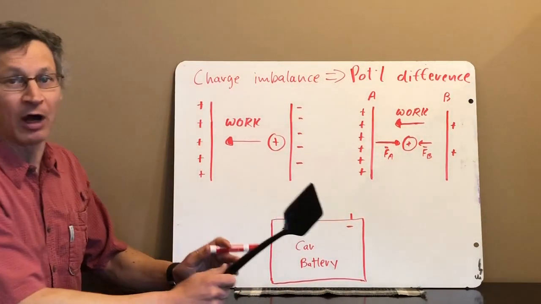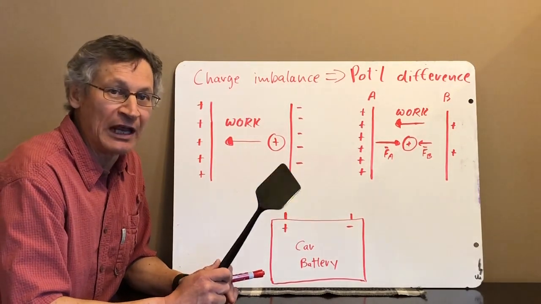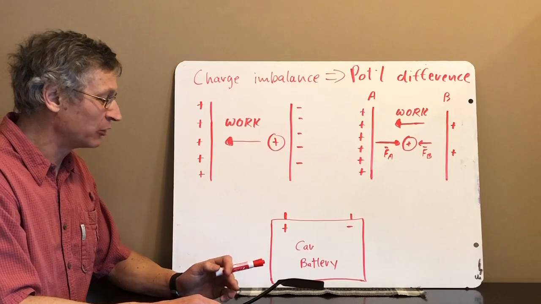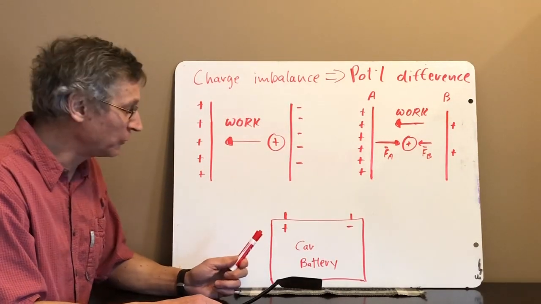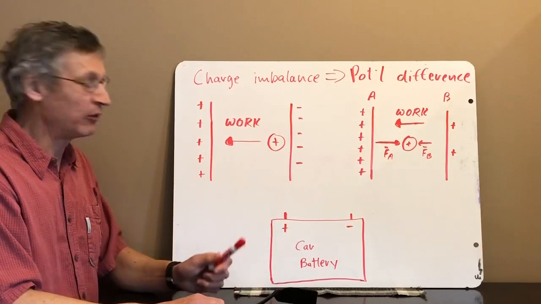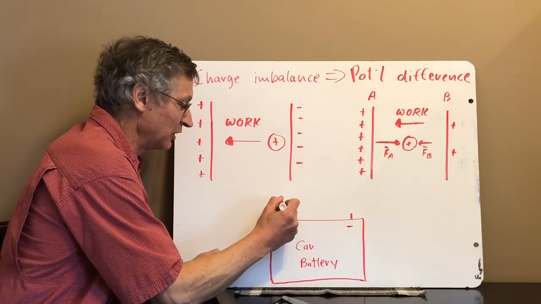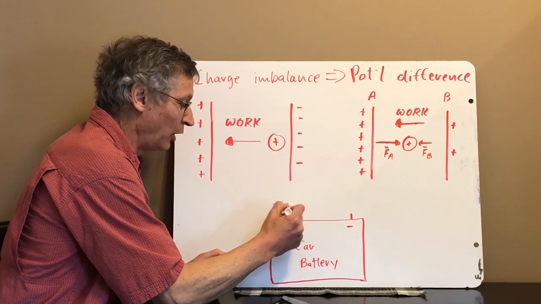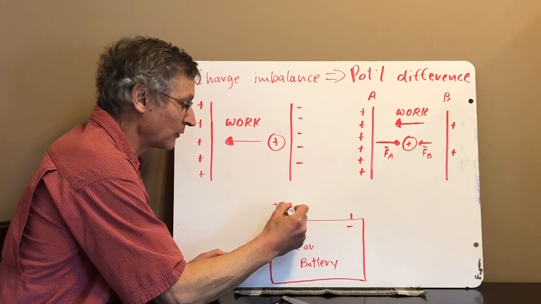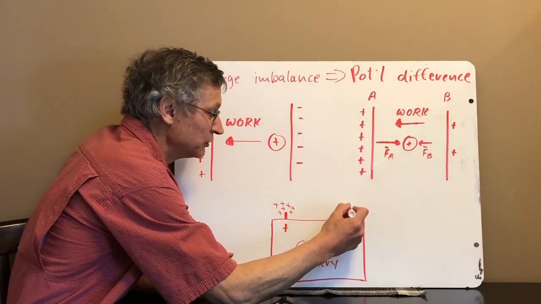So the moral of the story is, whenever you see a car battery or any type of battery, here's what I want you to see. I want you to see that positive terminal and that negative terminal, and remember that the positive terminal is just a collection of positive charges. The negative terminal is just a collection of negative charges.